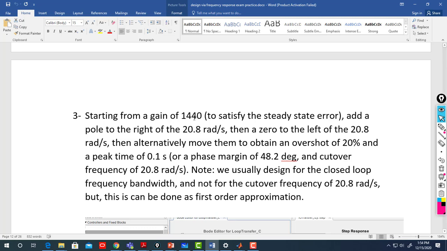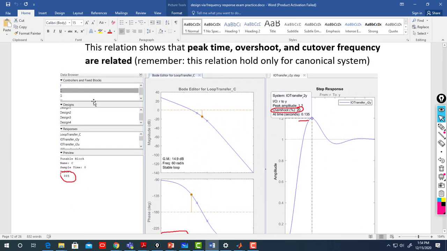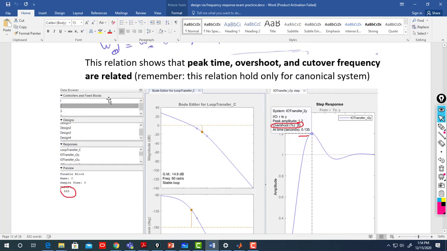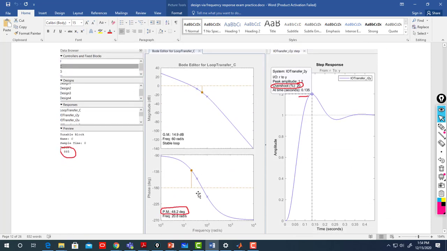So why do I want to return to the first thing I was doing? You will see later on why we went to 20% and why we need it, because this is my design goal at the end, to achieve this overshoot and this peak time.